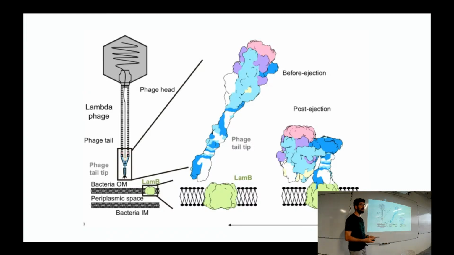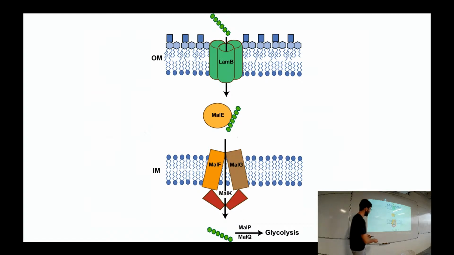Now, the other important ingredient that I want to introduce is that this receptor has a function for the host, for the bacteria. It's not just some stuff that they have and they don't care about. It is something that, for instance, is needed to import a nutrient, maltose. Now, an important point is that this is fully general.